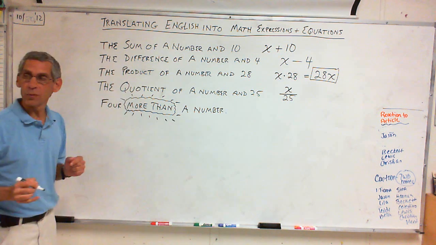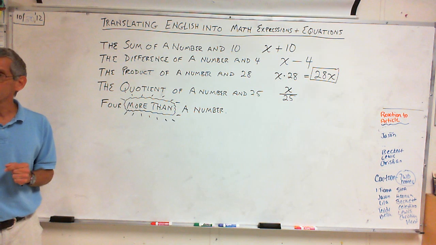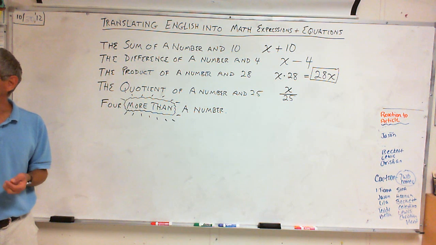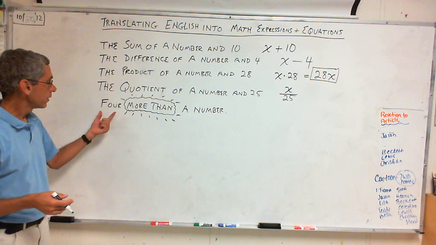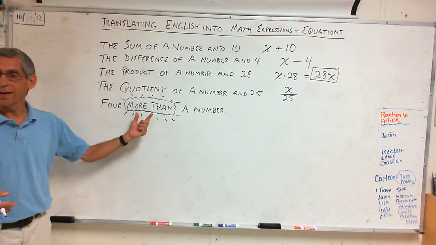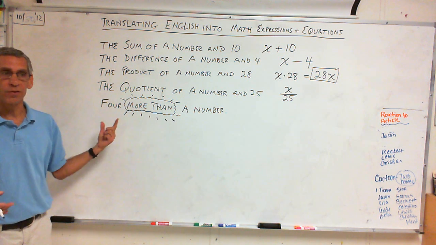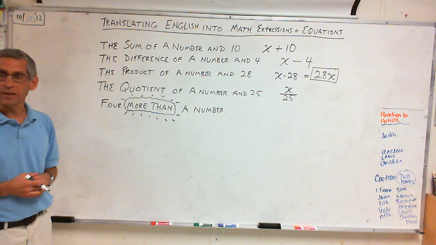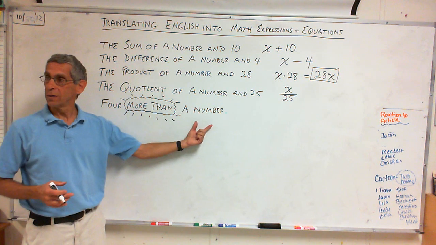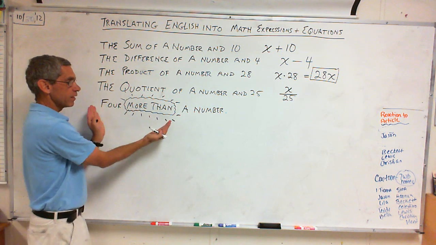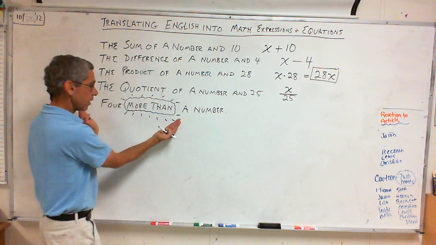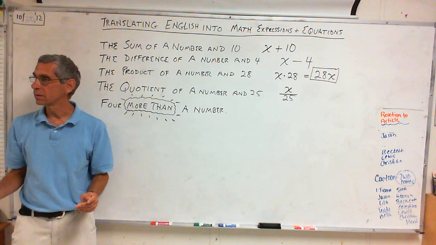I know what most people would do, and it would be okay in addition, but it would technically be wrong, right? 4 more than a number. What is the foundational thing in there? What's the base? The base is the number, right? If I didn't have the word number there, I wouldn't have anything. 4 more than.